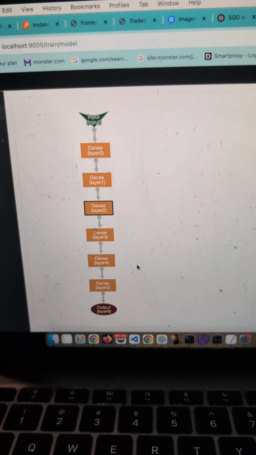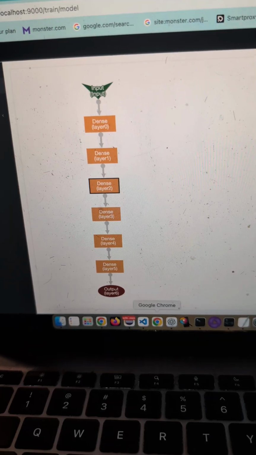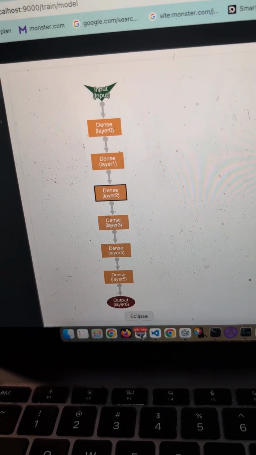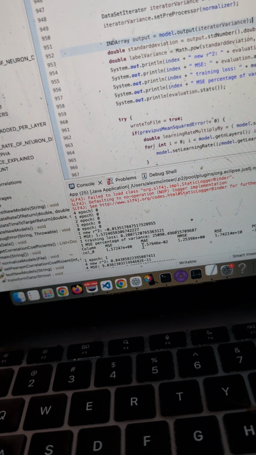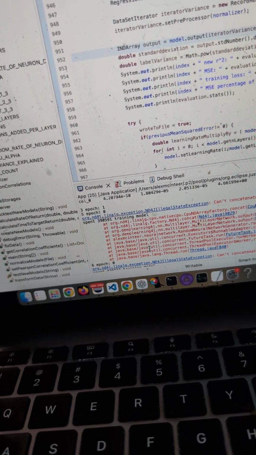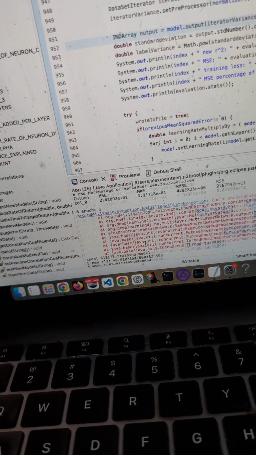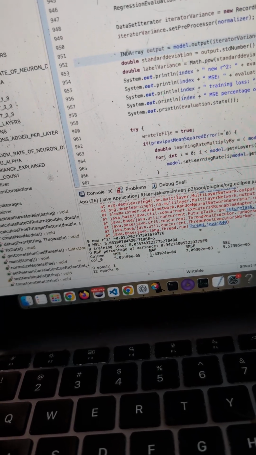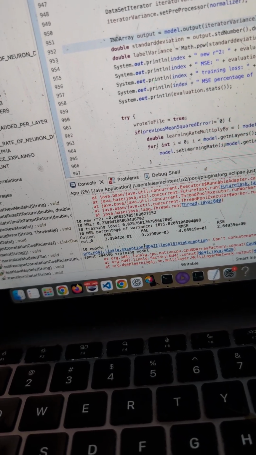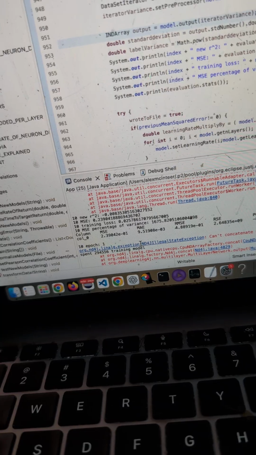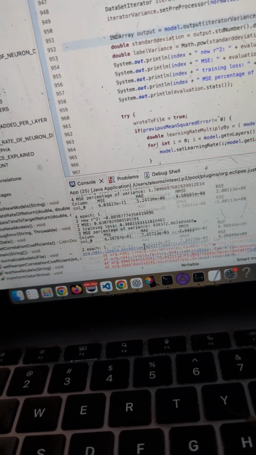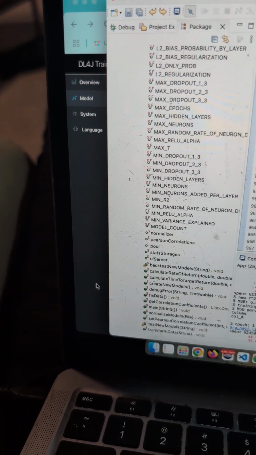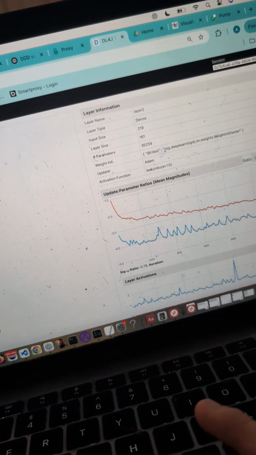I've also configured this so that I can print back-tested trading results to the console. I'm not doing that at the moment, but I am printing R-squared values to the screen.